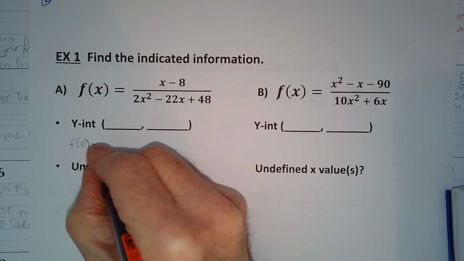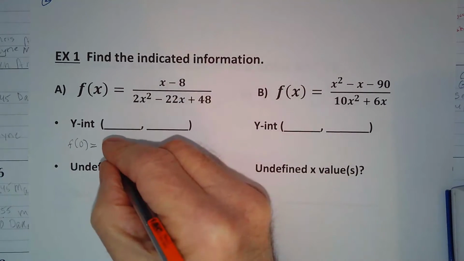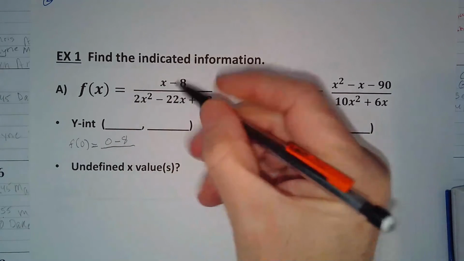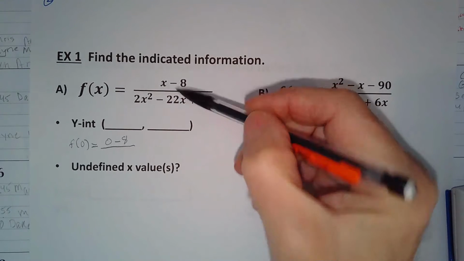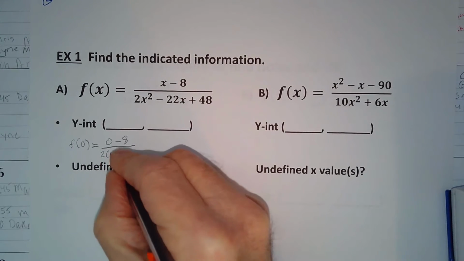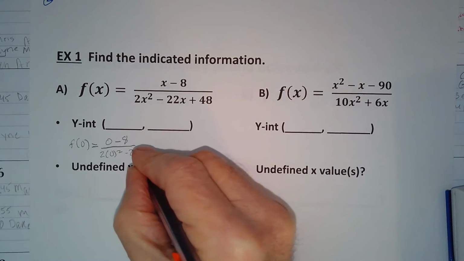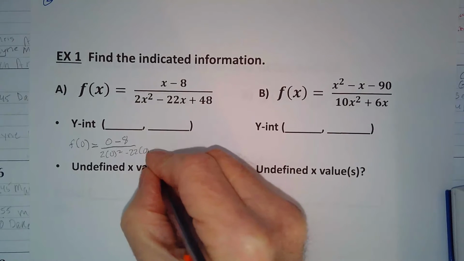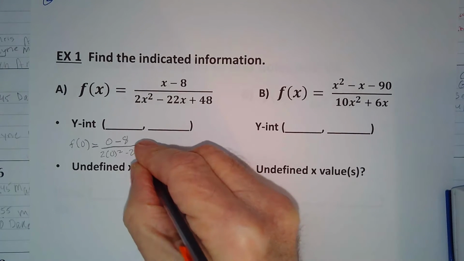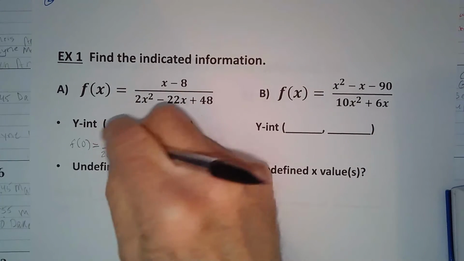And that's going to equal, in the numerator, we've got a 0 for x, so 0 minus 8. And then in the denominator, these x's are going to become 0, so we have 2 times 0 squared minus 22 times 0 plus 48.